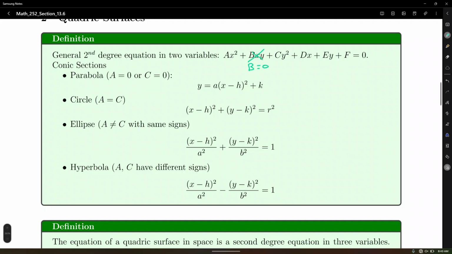I'm going to talk about this in a second. So that means we can use the conic sections for coefficients a, c, d, e, and f. So what is this b term? This b term is actually a rotation term, and that's what gives rise to what we call the degenerate conic sections.